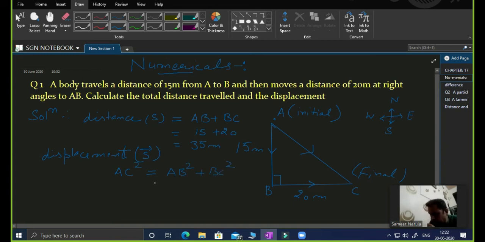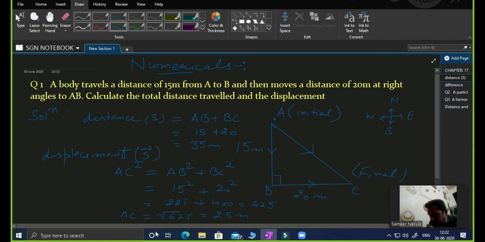By applying this, we have 15 square plus 20 square, and that is equal to 225 plus 400, which is nothing else than 625. In that situation your AC must be root of 625, and that is equal to 25 meter.